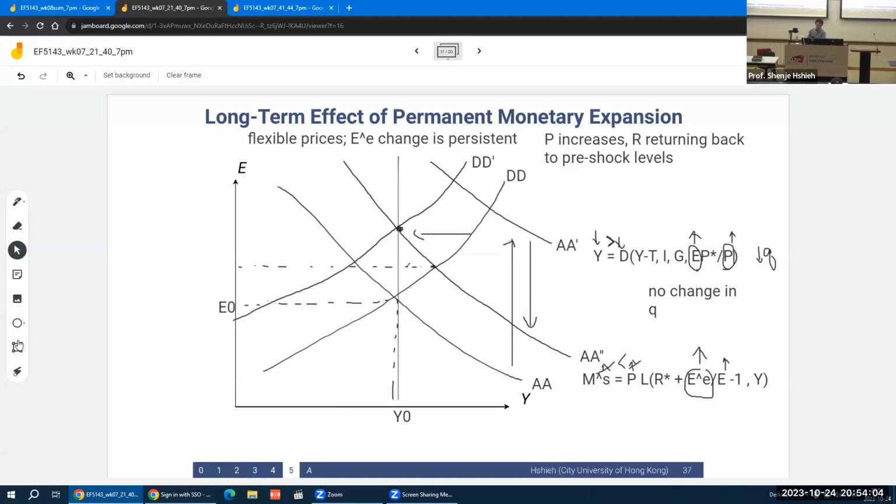All right. So this is the shift in DD holding E fixed, right? This must be true if prices become flexible. If prices reflect the change in MS by the same degree, then in the long term, as we transition from the short run, which is this point here, this point should shift this way, right? But as we shift output down, we should be moving this way towards this point here.